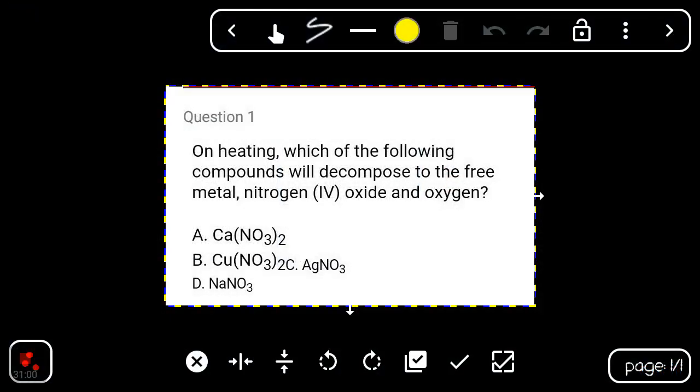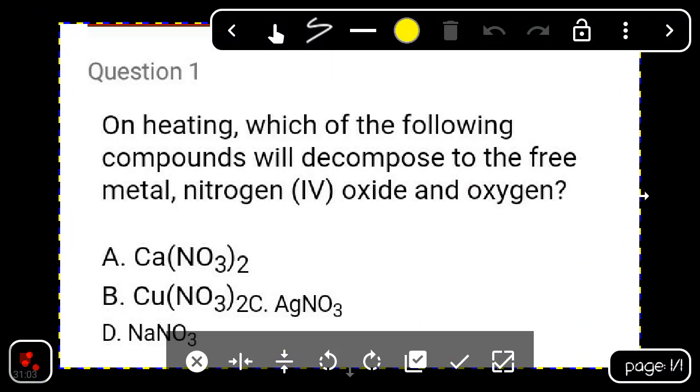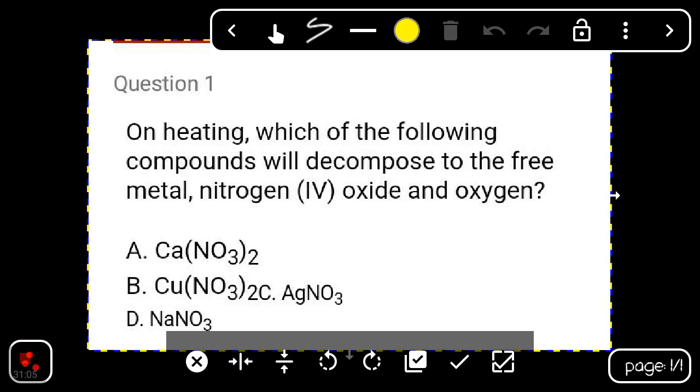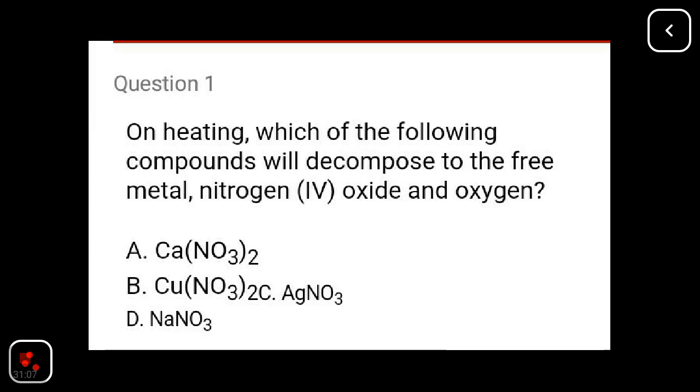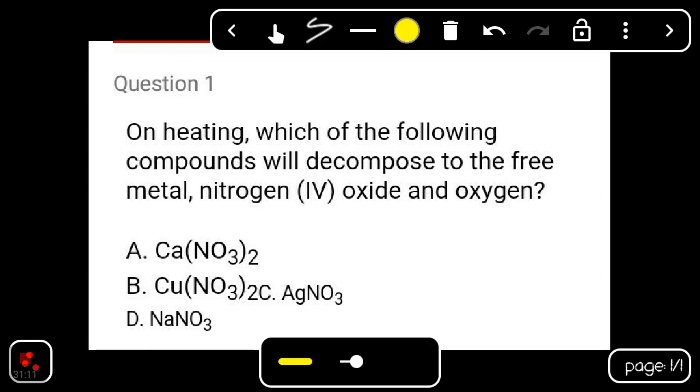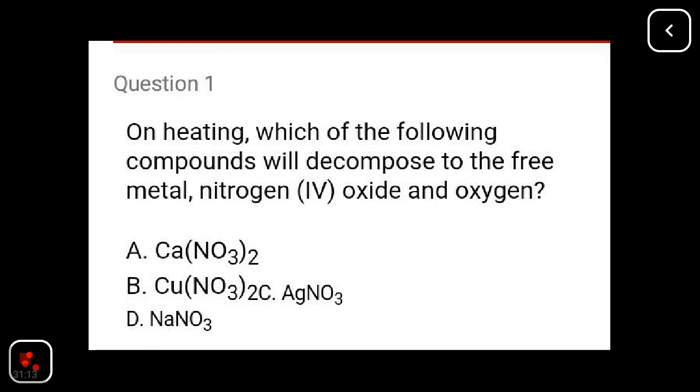An easy question to grab. So let's go now. They say on heating, which of the following compounds will decompose, with a change of color, to form a free metal, nitrogen 4 oxide and oxygen.